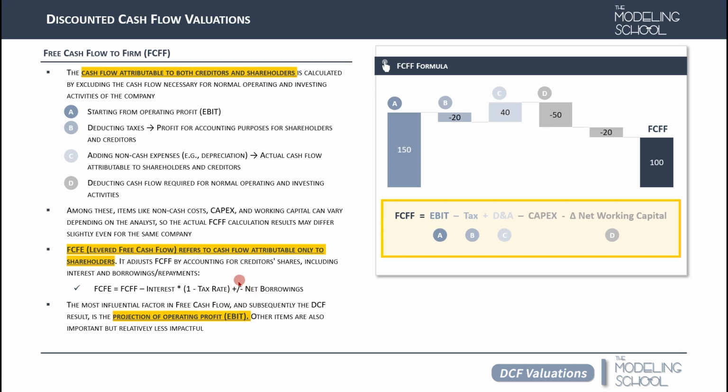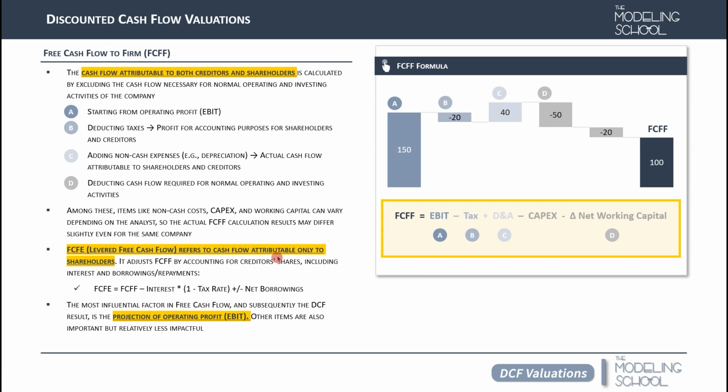But depending on how much they borrow, FCFE is going to fluctuate substantially. So that's the reason. It's very hard to predict. That's why we rather use FCFF, convert to enterprise value, and then convert to equity value, because for net debt, we usually have the current number that is fixed.